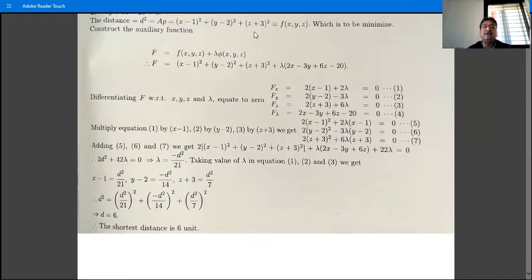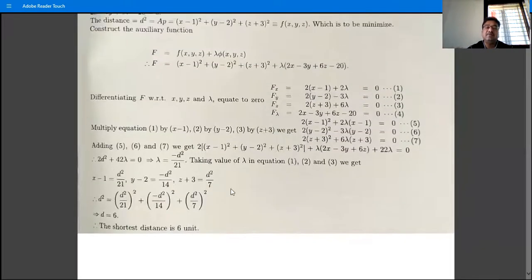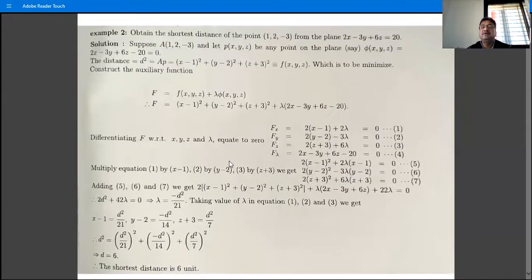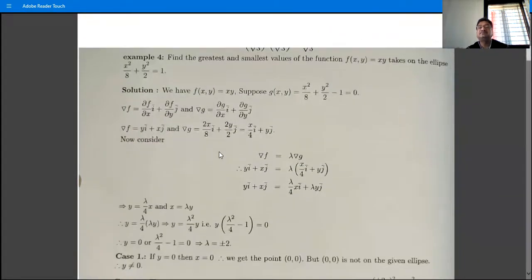So write d square equal to (x minus 1) square plus (y minus 2) square plus (z minus 3) square. Next step: x minus 1 is d square by 21, its square, y minus 2 is this, its square, then z plus 3 is this square. Solving this equation, we get d is 6, the shortest distance. The same problem is solved by another method in the previous lecture.